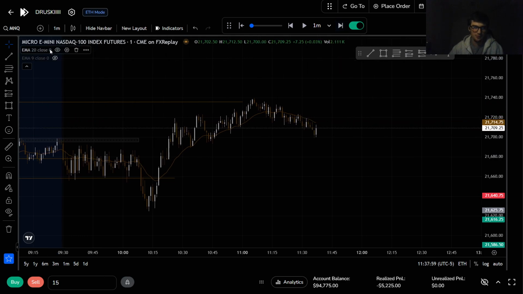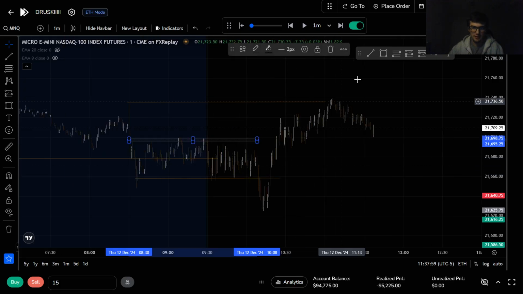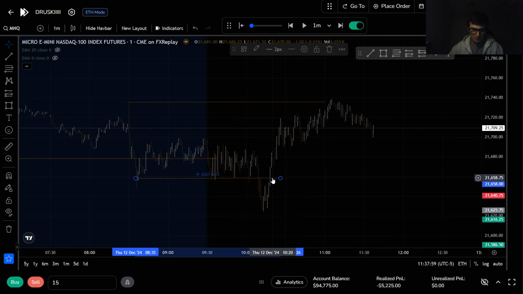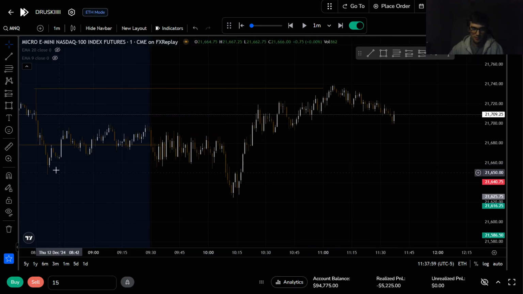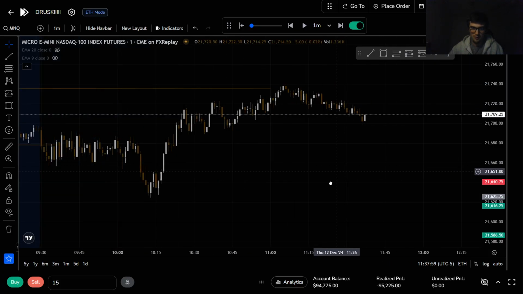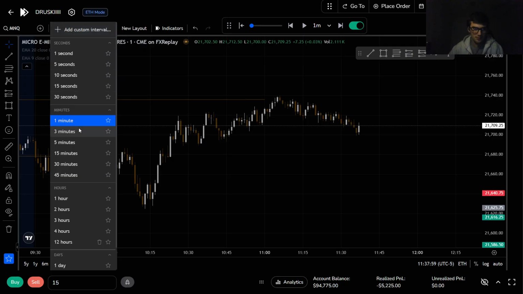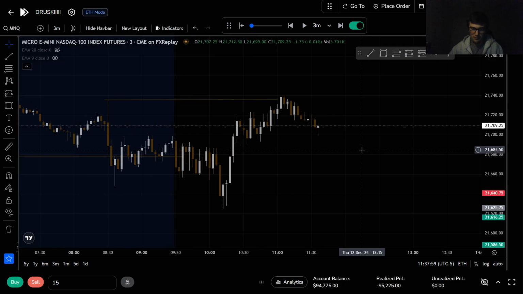This price action was not as clean, not as smooth as what I would like to see. But obviously we manipulated lower to come back up. Let me see if there is a zone right there.